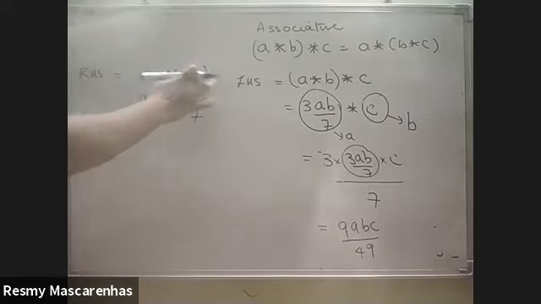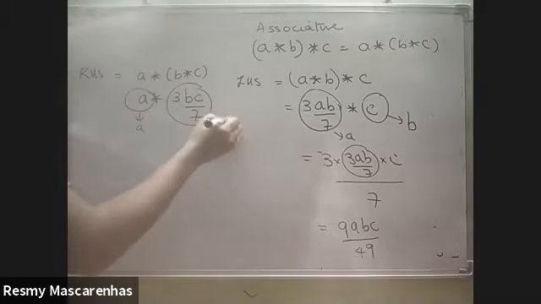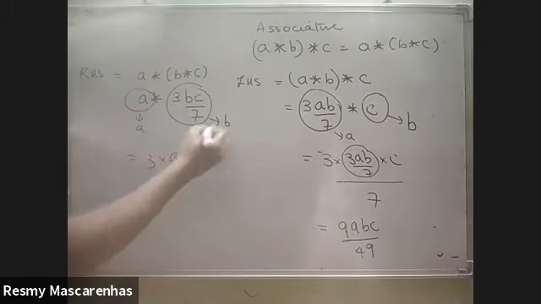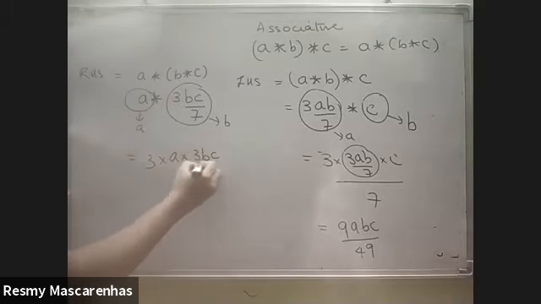Instead of A, it is B and C, so it will be 3BC upon 7. Now this is your A, this is your B. First term is A, second term is B. So what is A star B? Nothing but 3 into A into B, and what is B? This full thing.